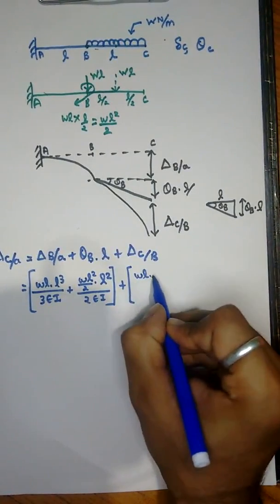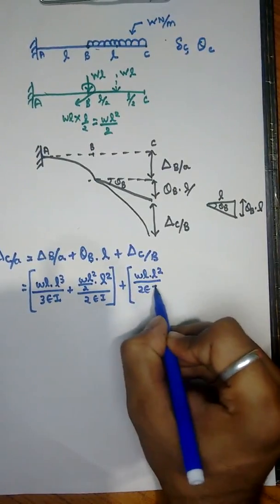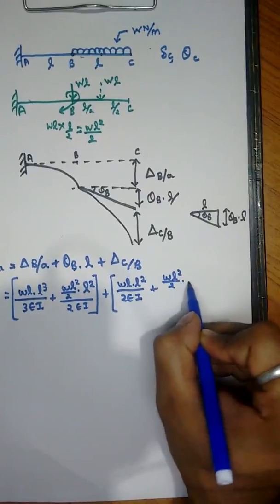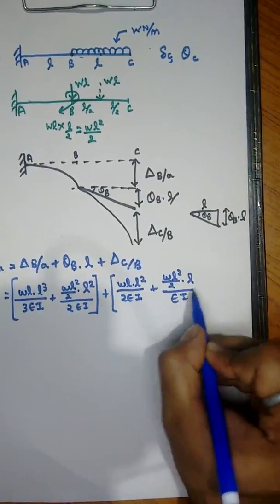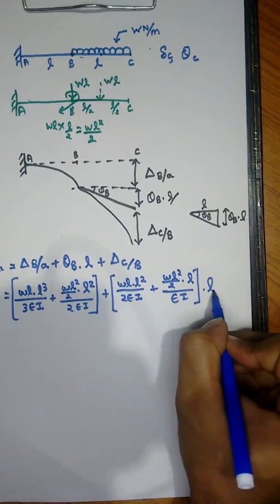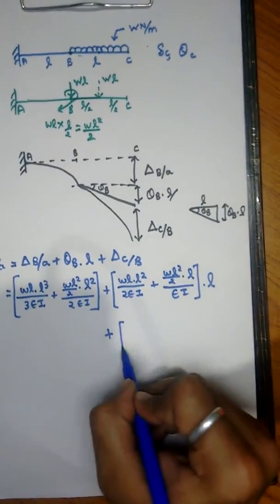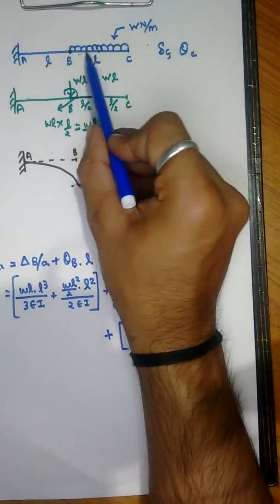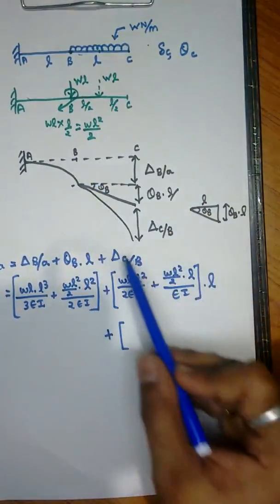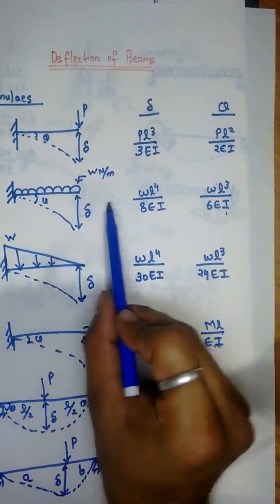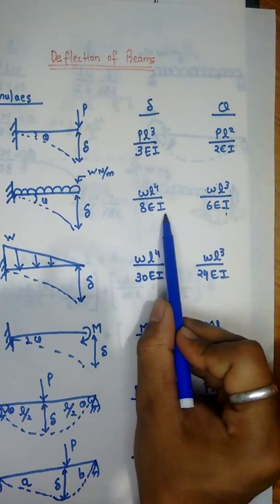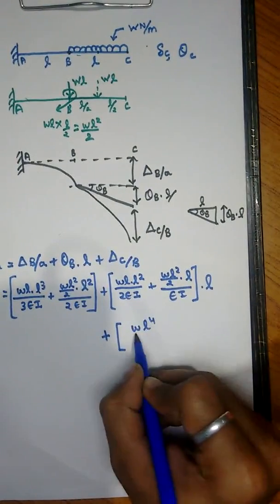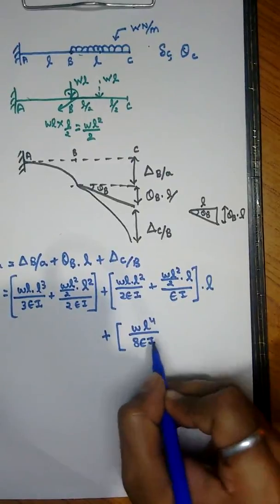So it is PL square upon 2EI plus M, which is WL square by 2, ML upon EI, into L, plus delta C with respect to B. Delta C with respect to B is due to a UDL, and due to UDL the deflection value is WL to the power 4 upon 8 EI.